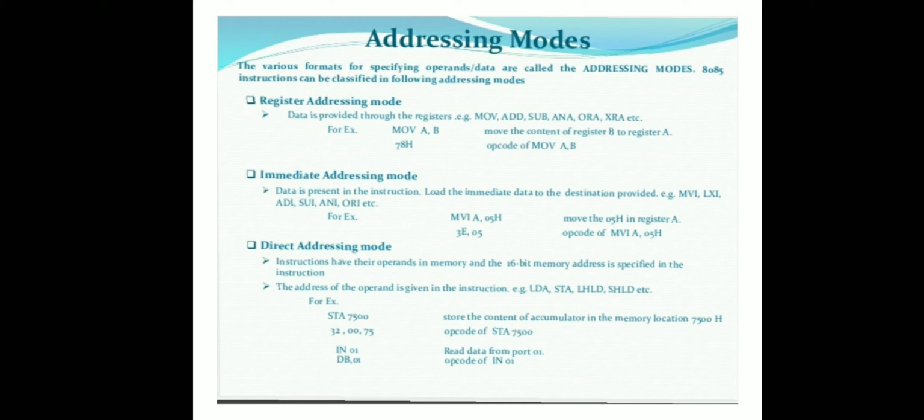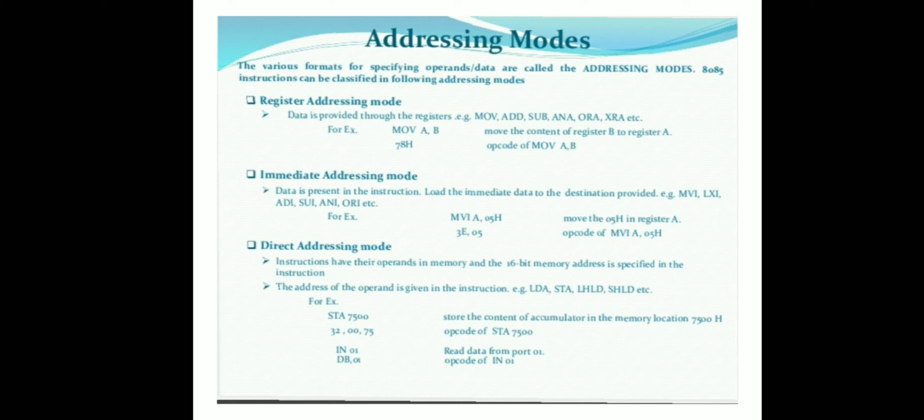Here the opcode is MVI and the operand is 05. The first byte is used for MVI and the second byte is used for the 8-bit data. LXI, ADI, ANI, ORI are also immediate addressing mode.